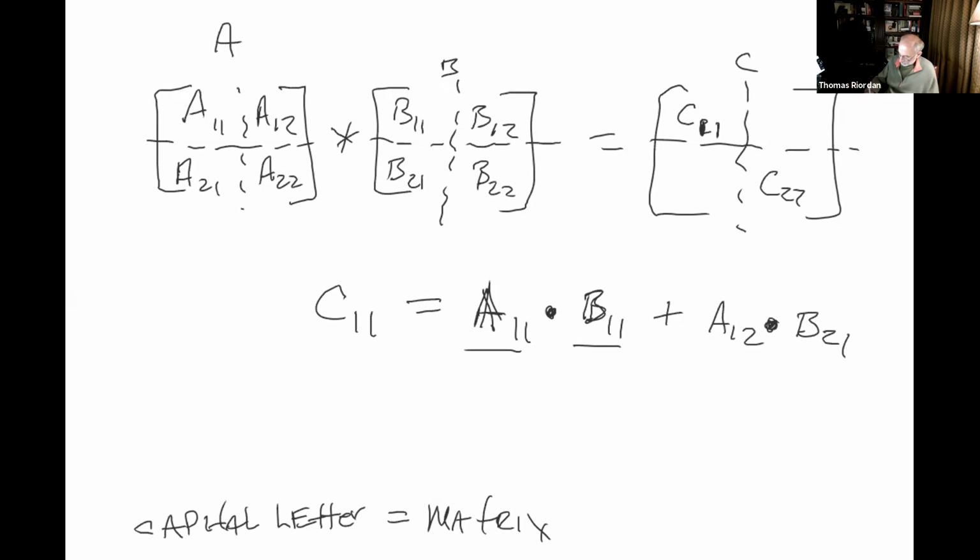So if these are all 4x4s, then these individual ones here are 2x2s. And so this is a matrix multiply, right? Where you've got rows that are 2 long and columns that are 2 long.